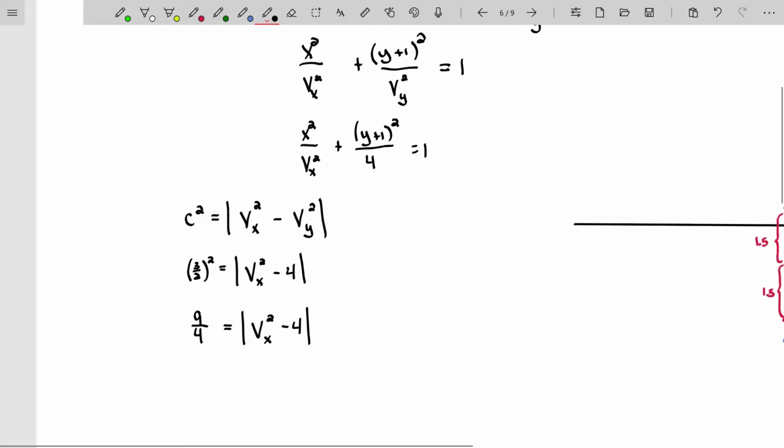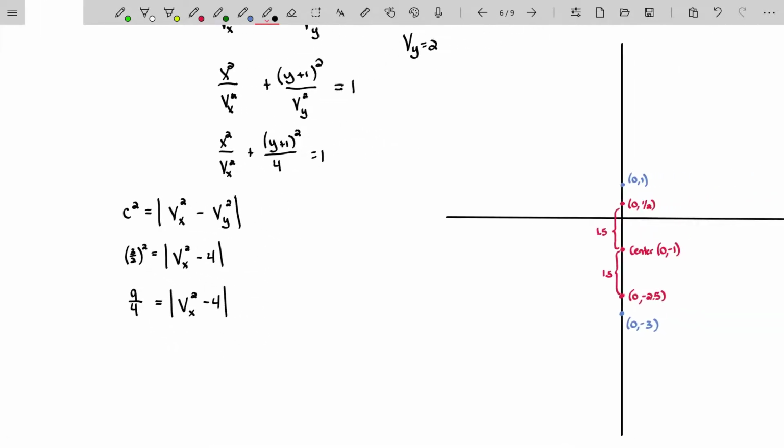Here's the deal. If your major axis is the vertical axis, then the v sub y distance is greater than v sub x. So in this case, v sub y is going to be bigger than v sub x because the vertical distance between the center and the vertex is greater than the distance between our center and the vertex horizontally.